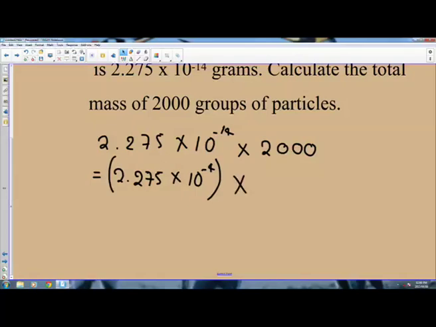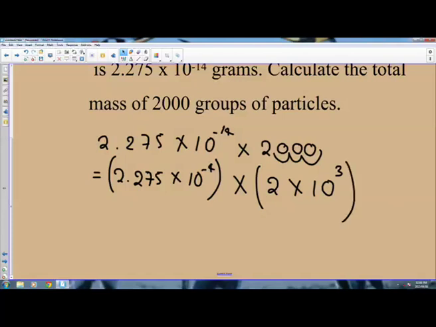We now need to convert the 2,000 into standard form. And then when we convert 2,000 to standard form, the point is here. And then you are going to move 1, 2, 3. So this will be 2 times 10 to the power 3. 2,000 in standard form becomes 2 times 10 to the power 3.